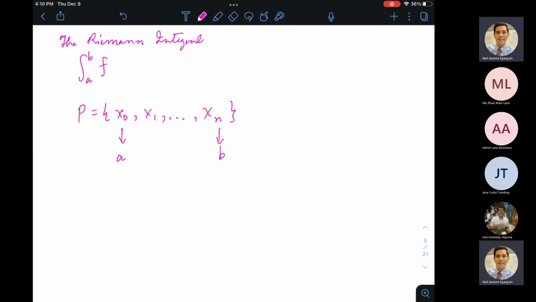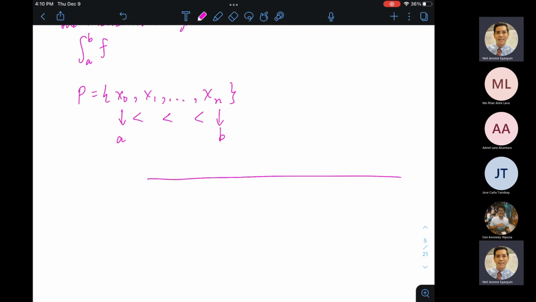Tapos ang isang partition inducer ay isang ordered set so that x sub 0 is less than x sub 1, x sub 1 is less than x sub 2, and so on until x sub n minus 1 is less than x sub n.